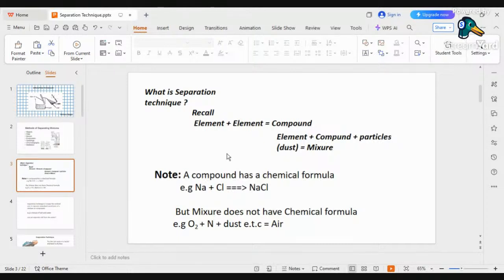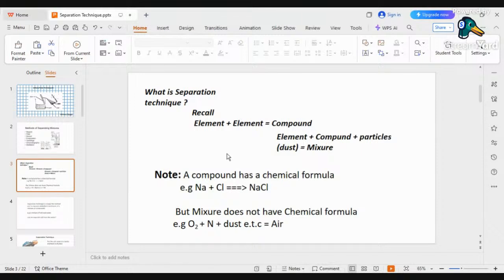Now, note a compound has a chemical formula, just like if we have sodium and chlorine coming together to form sodium chloride. Sodium chloride is a compound and it has a chemical formula which is NaCl, right? But let's assume, for example, we have oxygen.